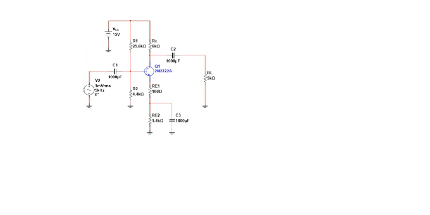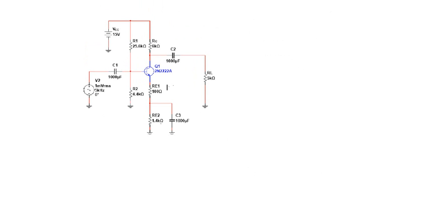The only difference is I split the emitter resistor. I kept out 100 ohms right here. It's still 1.5K if you added those two together. And I only bypassed the bottom part of it. Everything else is the same. This will cut down on your gain, which you really want to be bigger, but it will make the gain stay more stable over time and temperature than just a straight common emitter amplifier.